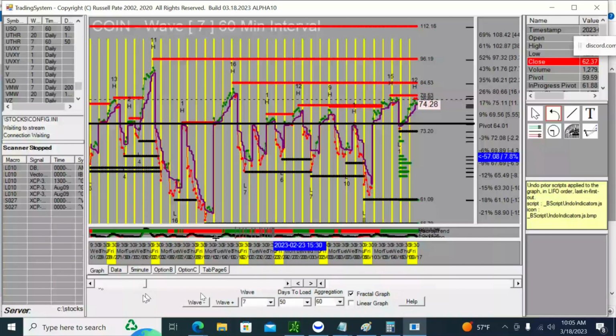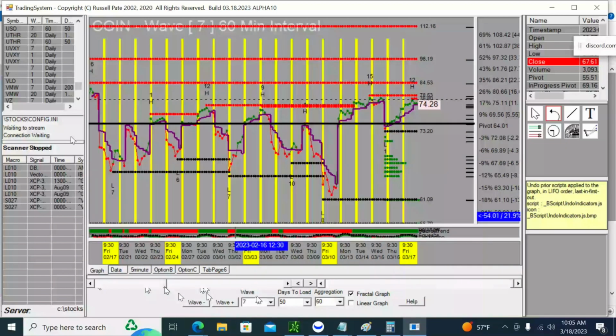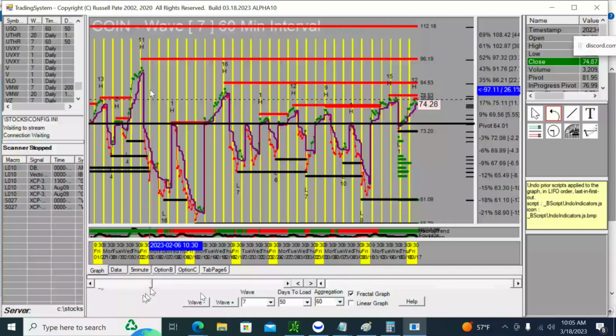Let's say I'm going to do weeklies and you're trying to hold it for the week. The problem is right now it's just so choppy. There's not a lot of trending, which is kind of bad. So that means you're having to manage the contracts.